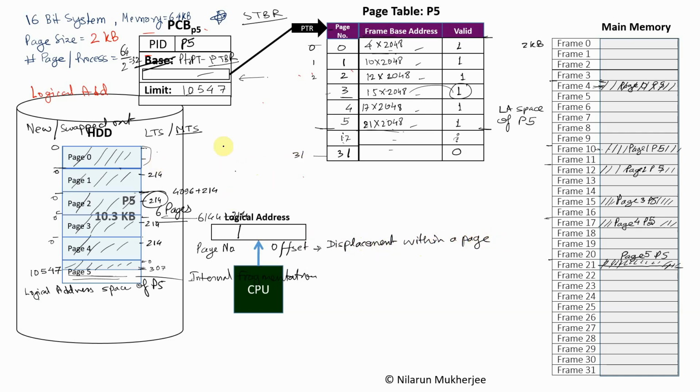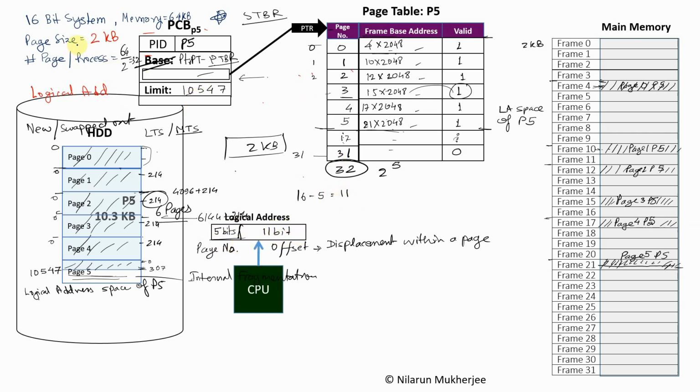So a page here is 2 KB. How many pages will be allowed? That is 32 pages. So how many bits are required? 2 to the power of 5, so 5 bits. So 5 bits are reserved for page numbering, and 16 minus 5, 11 bits, are reserved for offset addressing.